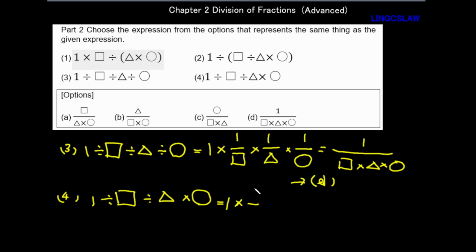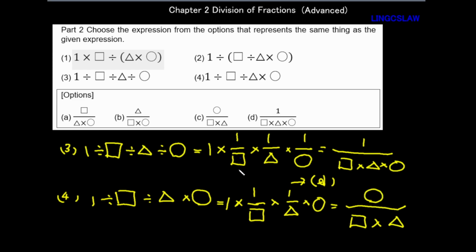So you can get just the reciprocal and times a circle. So the denominator will be these two, and the numerator is a circle. So C is the answer.